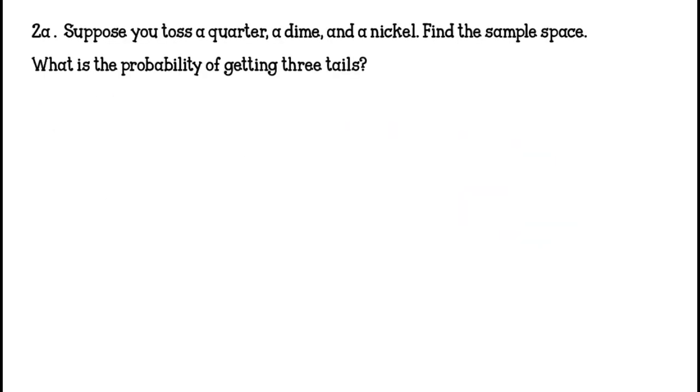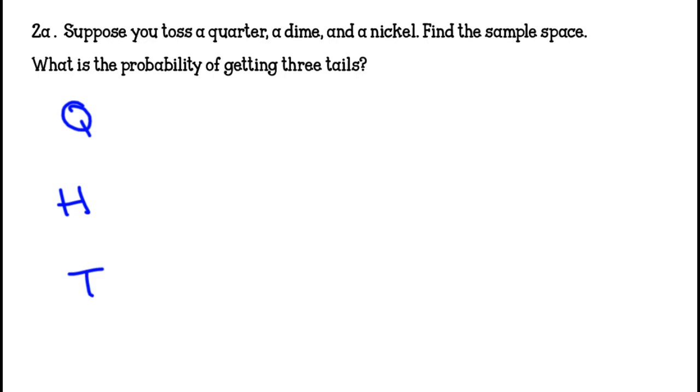Suppose you toss a quarter, a dime, and a nickel. Find the sample space. What is the probability of getting 3 tails? So, again, I would go with a tree diagram on this one, I think. It just kind of depends. So you have your quarter, and on the quarter you could get a head or a tail.